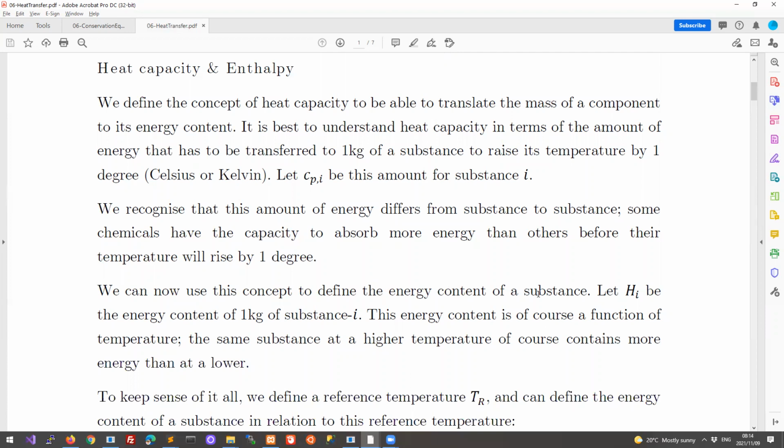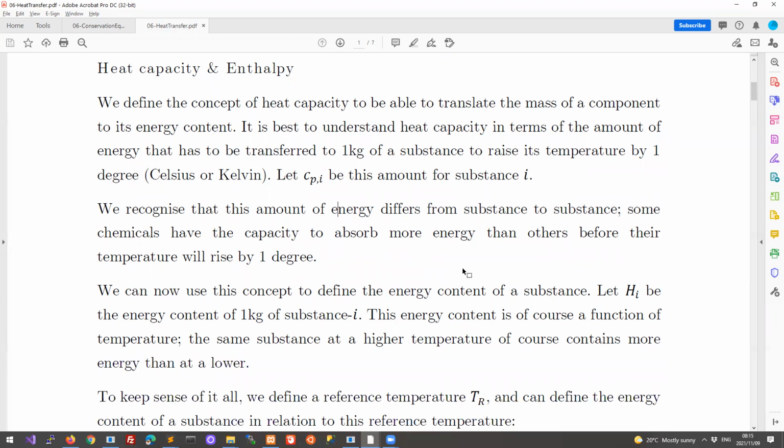So that's heat capacity. And then we also define the energy content of a substance. If we take 1 kilogram of a substance, we can also define the amount of energy that it contains. This is a bit different to heat capacity, which is defined specifically for raising the temperature by 1 degree. Now we are saying if we just have 1 kilogram of a substance, then we can estimate the amount of energy in that substance.